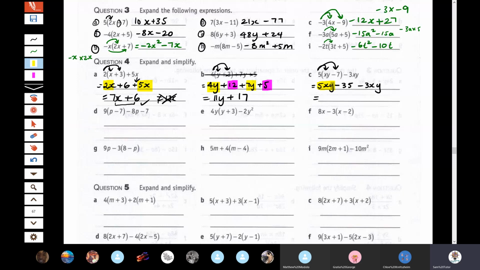The like terms would be these: 5xy and negative 3xy. What's 5xy take away 3xy? 2xy, and then there's nothing else. Can you see there's no other like terms for 35? So you just got to write minus 35. That just comes straight down. If it doesn't simplify, you just got to keep it in there.